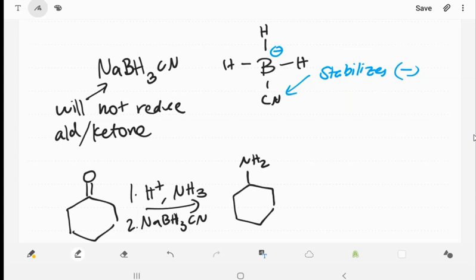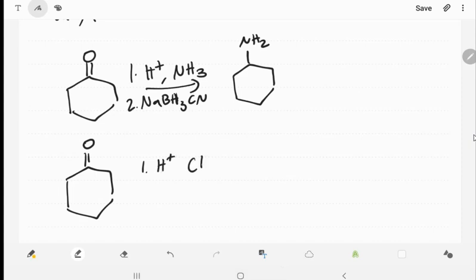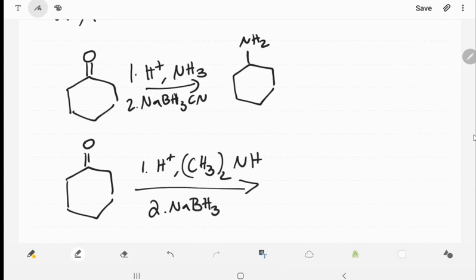All right, and the best part is this one you can make all sorts of amines with. You can make primary amines, secondary amines, tertiary amines. NaBH3CN.